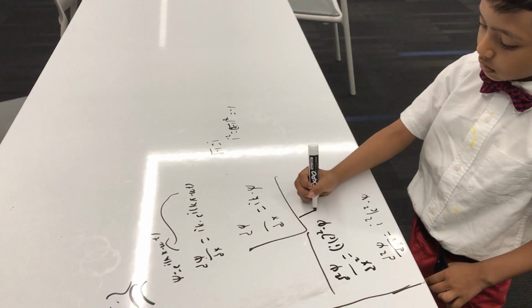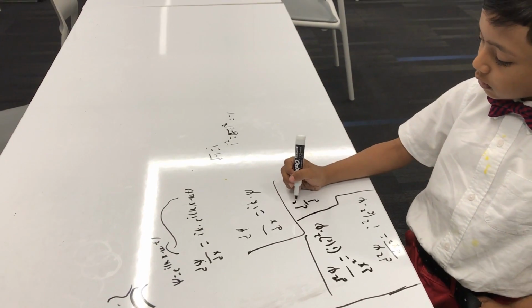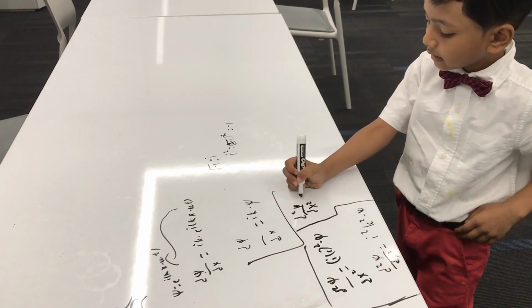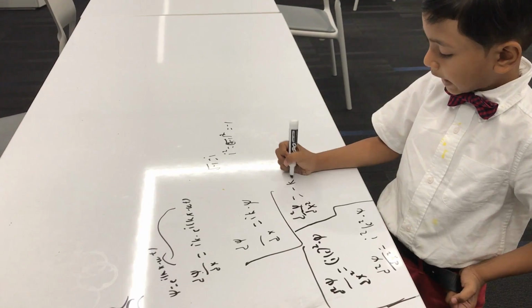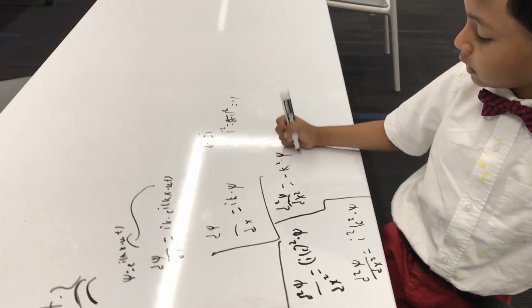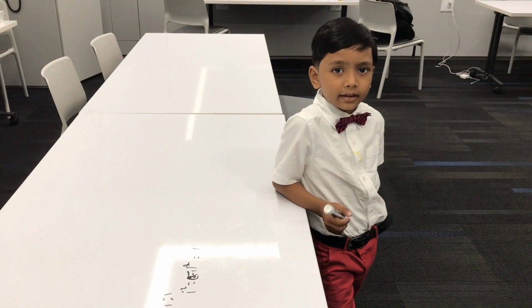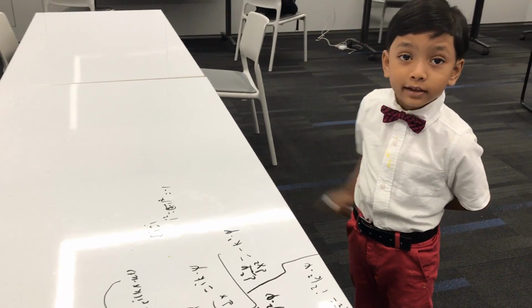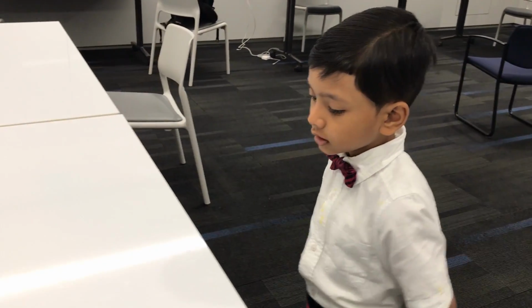So d squared psi over dx squared is equal to -k squared times psi. But wait, we need to do something in order to continue our second derivative. Now, in order to continue our argument, we must stop for a minute.